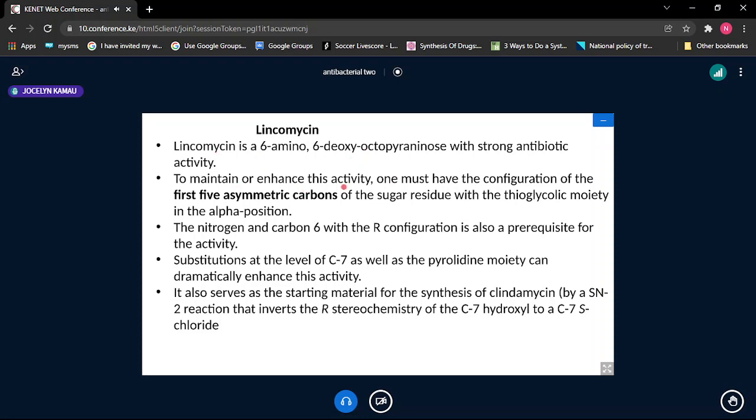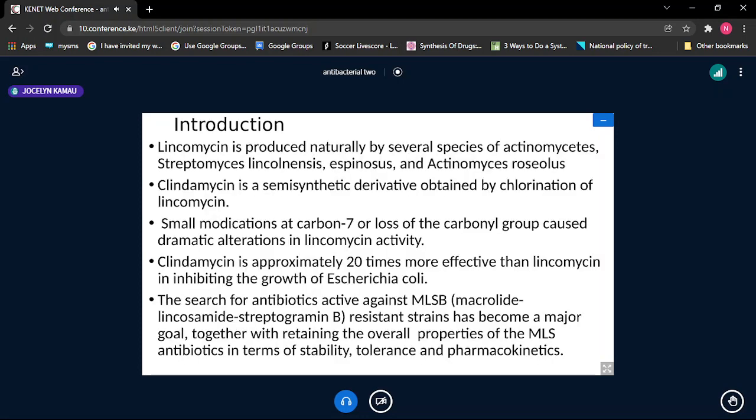To maintain or enhance this activity, one must have the right configuration. So these are some of the structural requirements: you must have the configuration of the first 5 asymmetric carbons of the sugar residue, with the thioglycoside moiety in the alpha orientation.